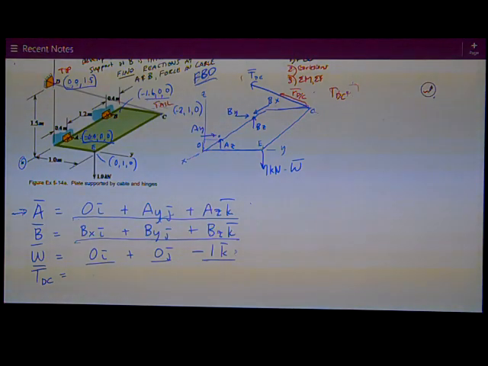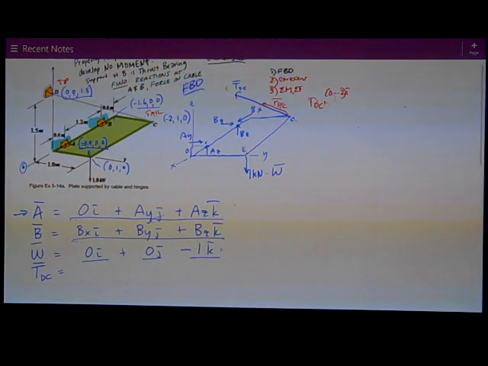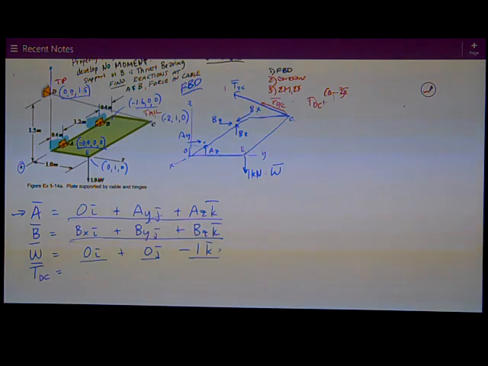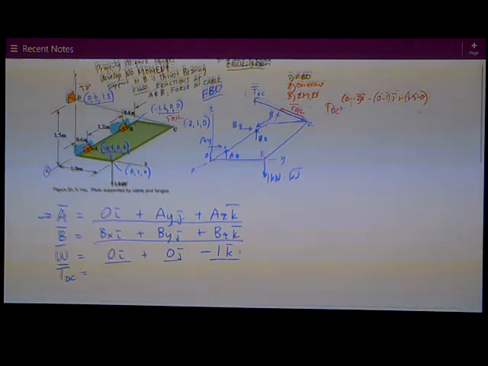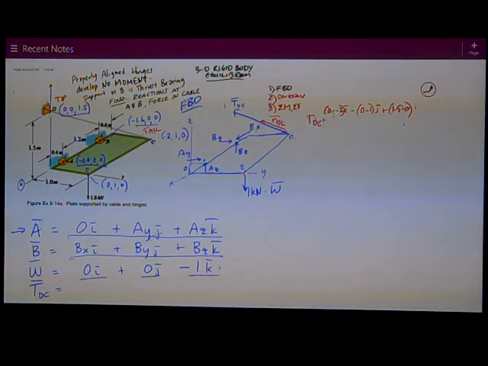So I've got the coordinates of the tip, 0, minus 2 for the I. And then I've got 0 of D minus 1 in the J. And then I've got 1.5 minus 0 in the K direction.